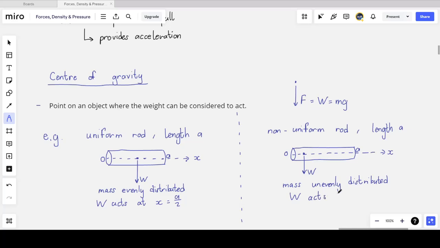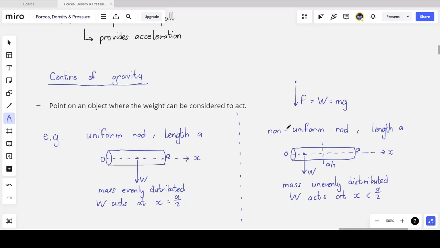So here, W acts at some point x that is a lot less than a over 2. A over 2 would be the center of the rod, and W is not acting at that point. It's acting at a point much to the left of that.